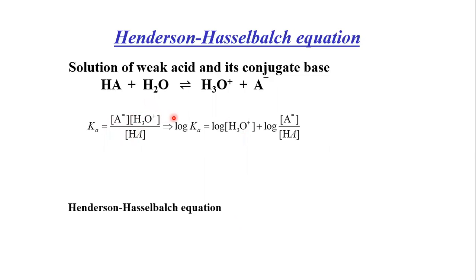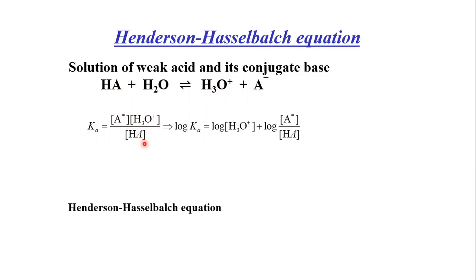Well, this is very simple. I could have even done it at the beginning, but because we don't use it until we get into buffers a lot, I prefer to discuss it at the buffer stage. Nonetheless, if I have an acid, HA with water becomes H3O plus and A minus, you all know that the Ka of such an acid will be A minus times H3O plus with HA in the denominator, where the concentrations here are the concentrations at equilibrium, right?